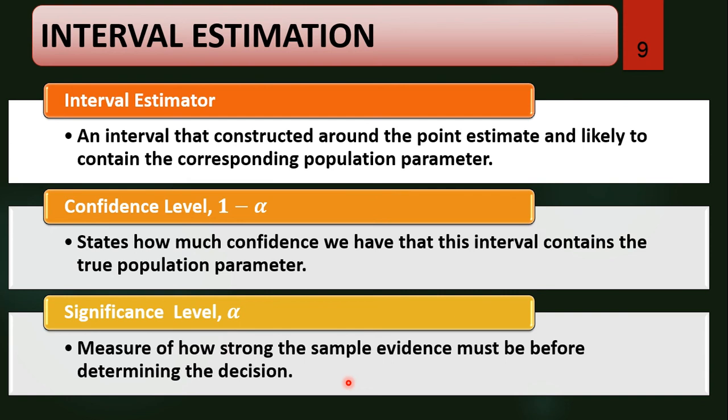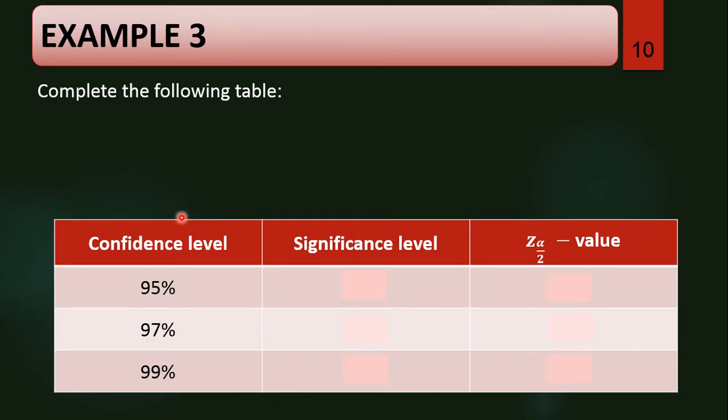So, in order to construct the interval estimator, you must have your confidence level value. For example, how to figure out the confidence level, the significance level, and their corresponding Z value.